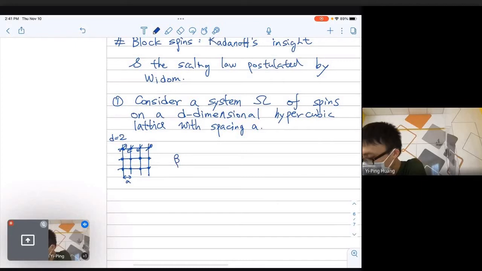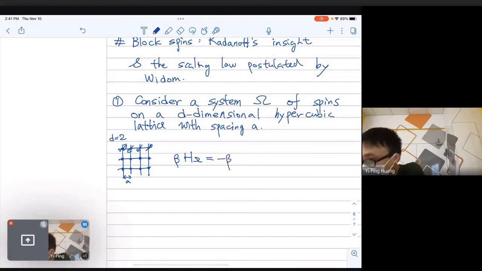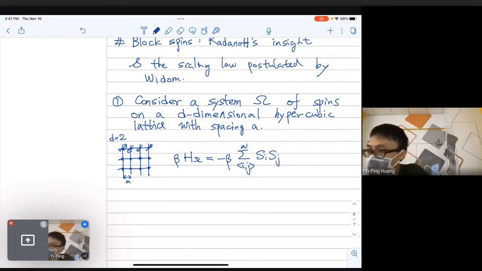We should now be quite familiar with this setting, and we know that when we form the partition function, one of the very important quantities is beta times H omega, where H omega is the Hamiltonian of your system. Let's start with the Ising model, which is something we are familiar with. The angular bracket ij just means that we only consider spins i and j that are nearest neighbors.